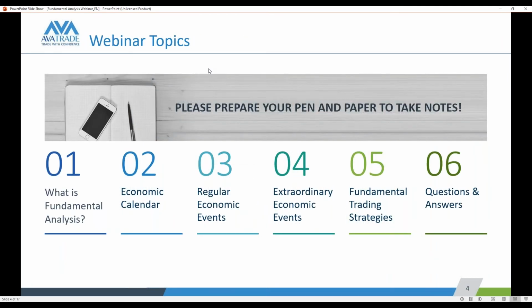As we get into some actual news and economic information that's come out, we'll go over the basics first. What is fundamental analysis? Well, it's exactly that. It's news, it's economic information that's coming out. There are different types of fundamental news or information.